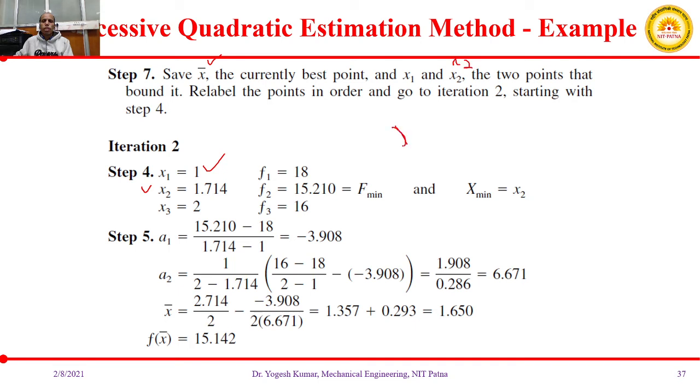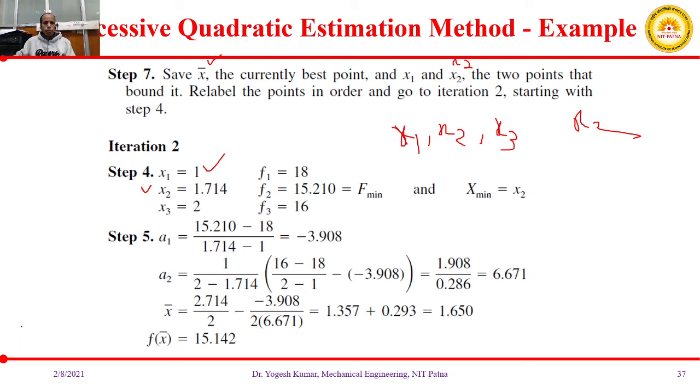Okay, we have x1, we have removed your x3, we already removed in the previous term, because that was lying beyond your possible solution. So we have x1, we have x bar, which we have labeled as x2, and your previous x2 will now become x3. Okay, I hope you are able to understand what I did.